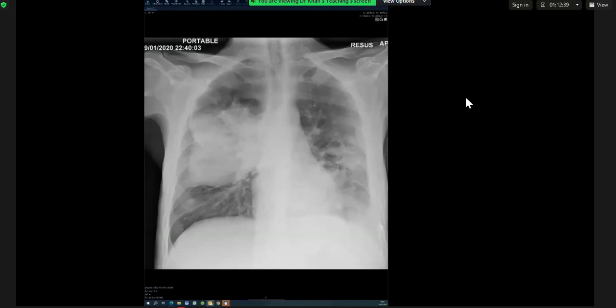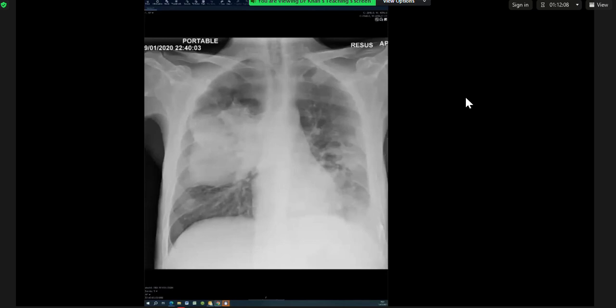The differential diagnosis of such distribution and appearance can include airspace disease. One possibility may be pulmonary edema. However, the typical bat-wing appearance isn't presented here.